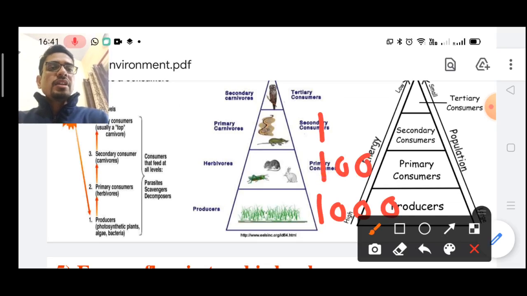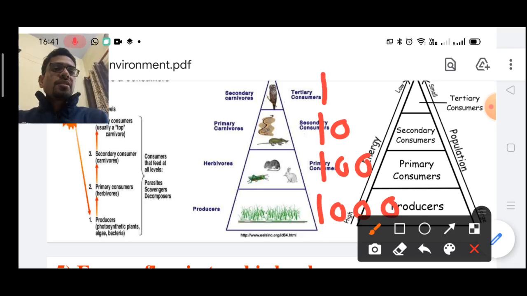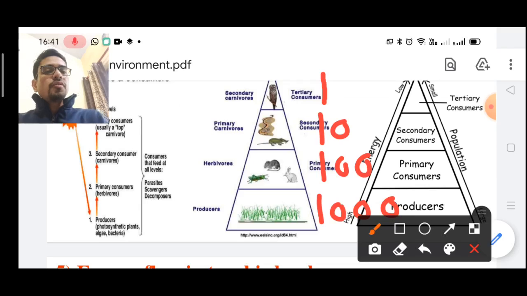The secondary consumers will have 10% of that energy and tertiary consumers will have only 1% energy. And in the next trophic levels there will be an insignificant amount of energy, and that is why there are only 4 to 5 trophic levels in a food chain, because only 10% of energy is transferred from one trophic level to another, and after 5 trophic levels energy gets completely lost.